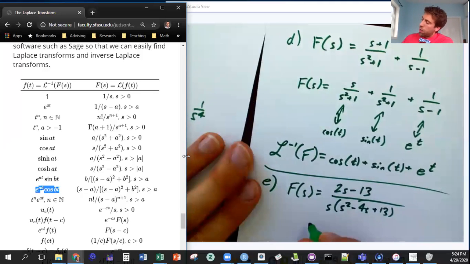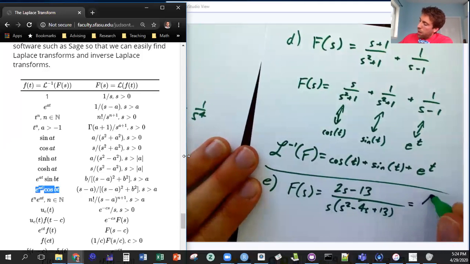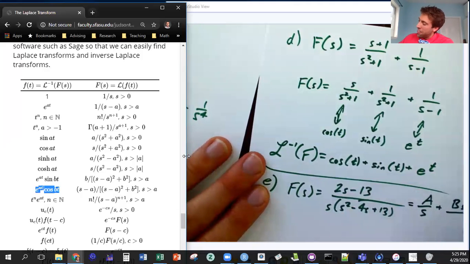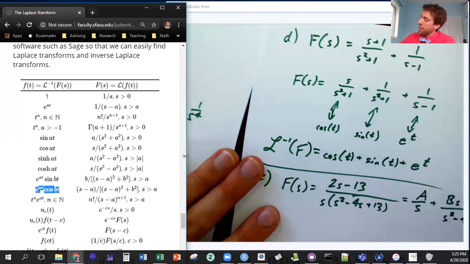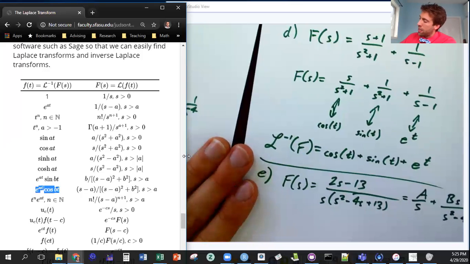So partial fractions first, that's equal to A over s plus Bs plus C over s squared minus 4s plus 13. Okay, then that means you find the common denominator.